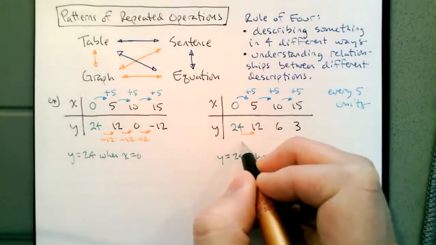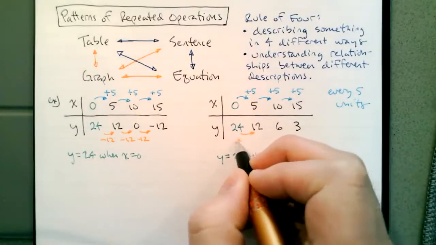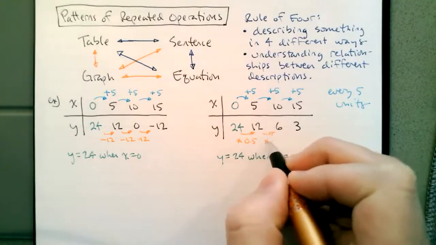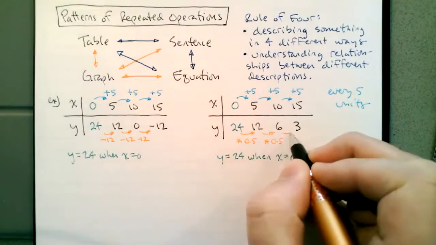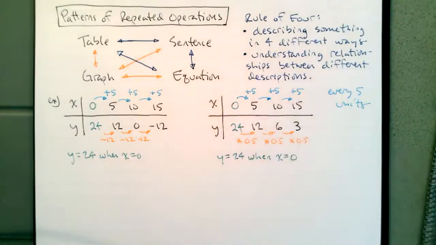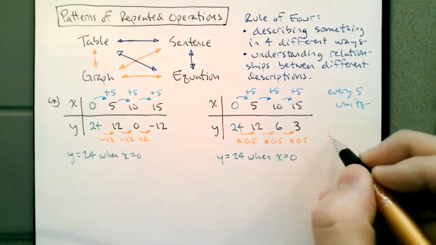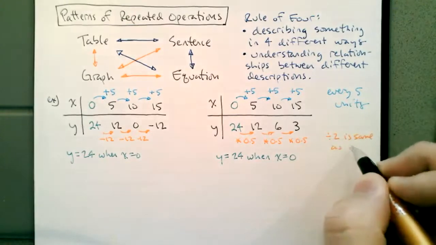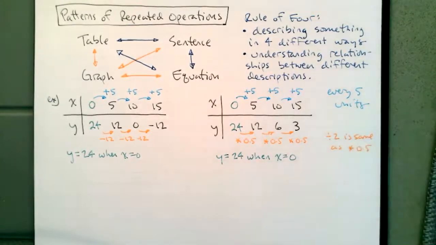We can think of dividing by 2 or multiplying by 1/2. We want to default to multiplication. So if you think dividing by 2, change that to multiply by 1/2. Divide by 2 is the same as multiply by 1/2.